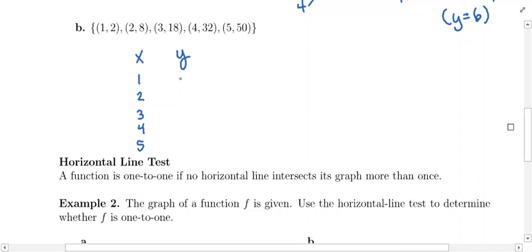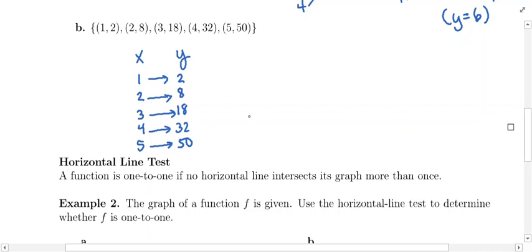And the same for the y values: 2, 8, 18, 32, and 50. Then I'll draw my arrows. So 1 maps to 2, 2 maps to 8, 3 to 18. If x is 4, the y value is 32, and if the input is 5, the output is 50.